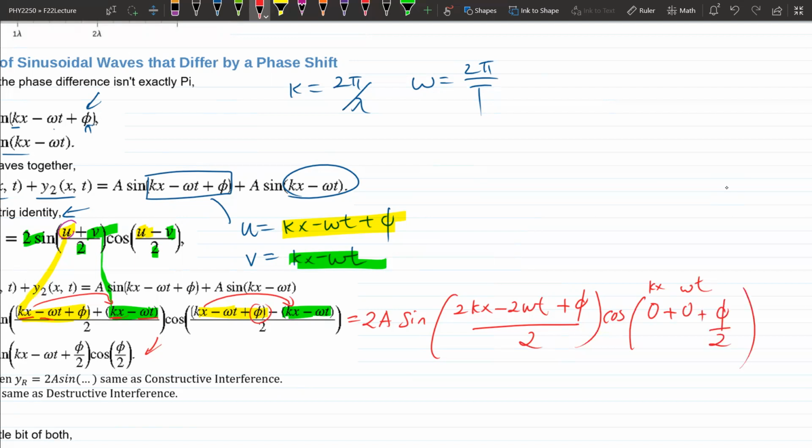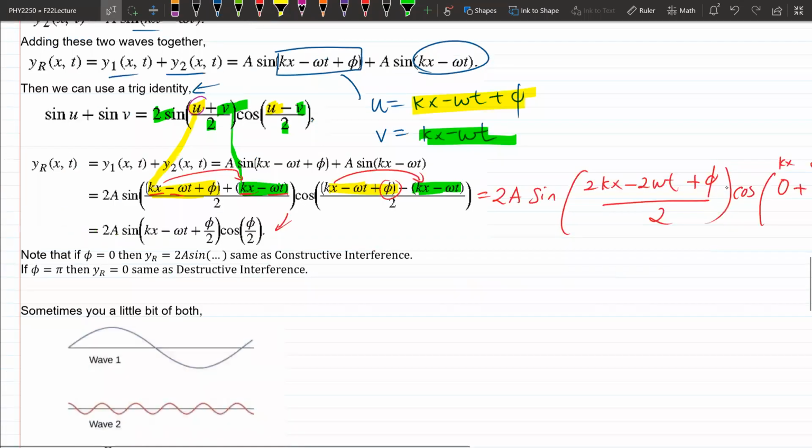You see that? Okay. So this equation actually simplifies to, well, you get twice the amplitude just because of this factor of 2 in front. Okay. Times some complicated stuff, right? Well, it's the same wave with half the phase shift, but then the cosine piece, it's just cosine of phi over 2.